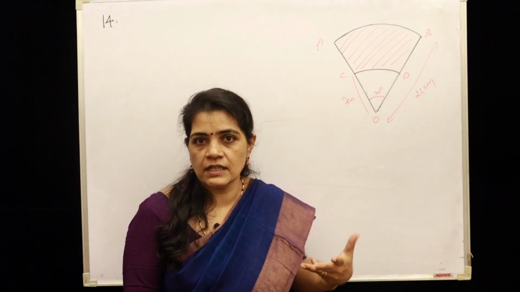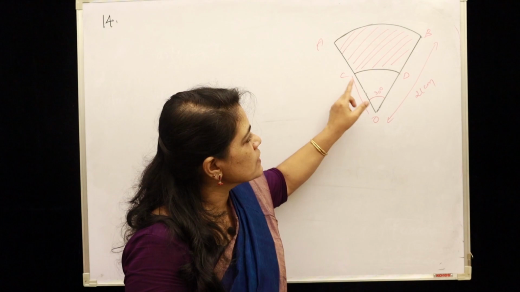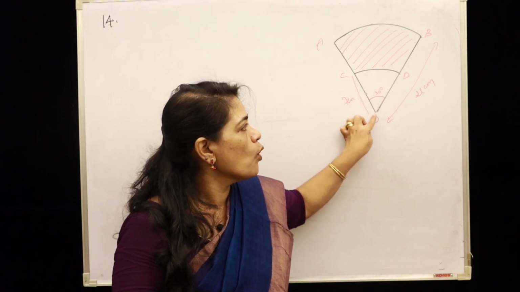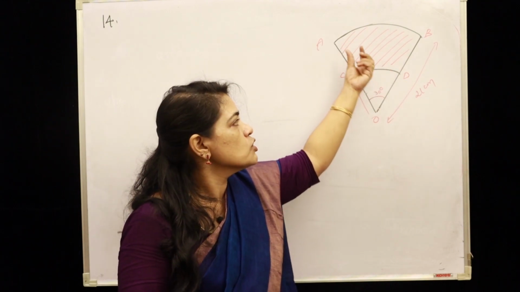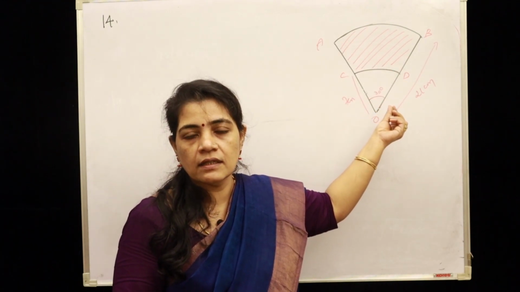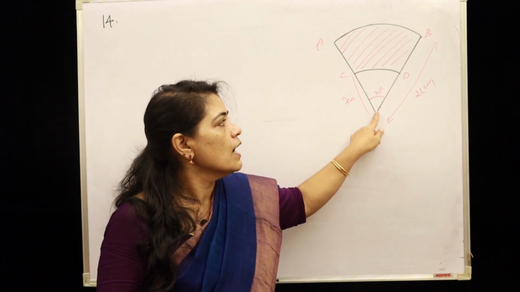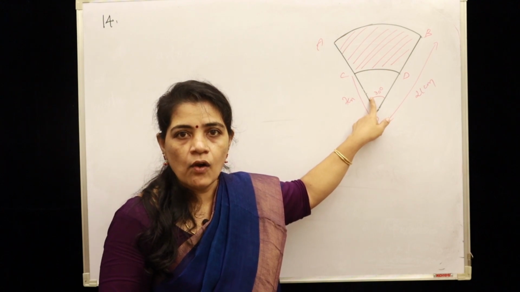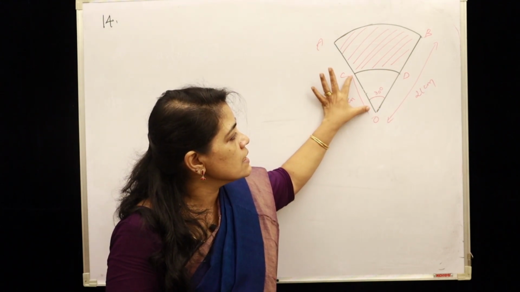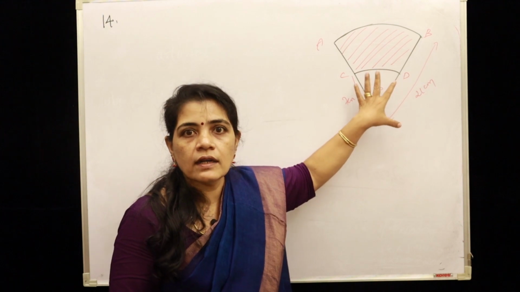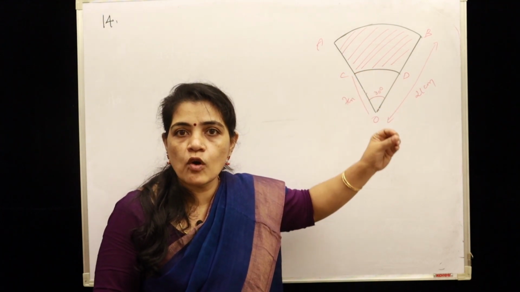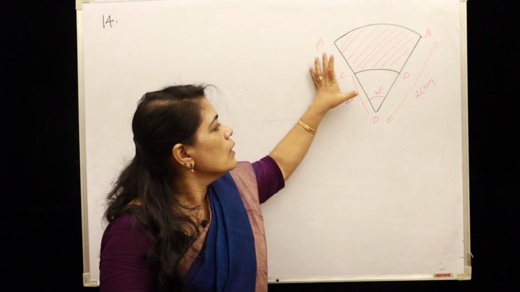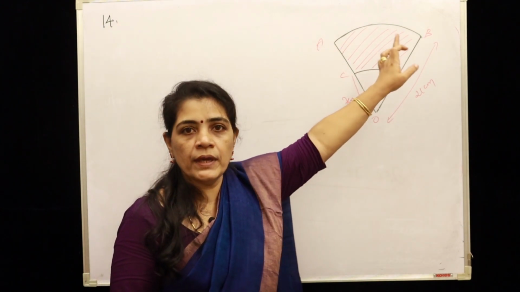Consider the sector COD. COD is a part of two concentric circles, with the same center, and the angle theta is given as 30 degrees. CO and DO are the radii of the small sector, and the other sector is AOB.